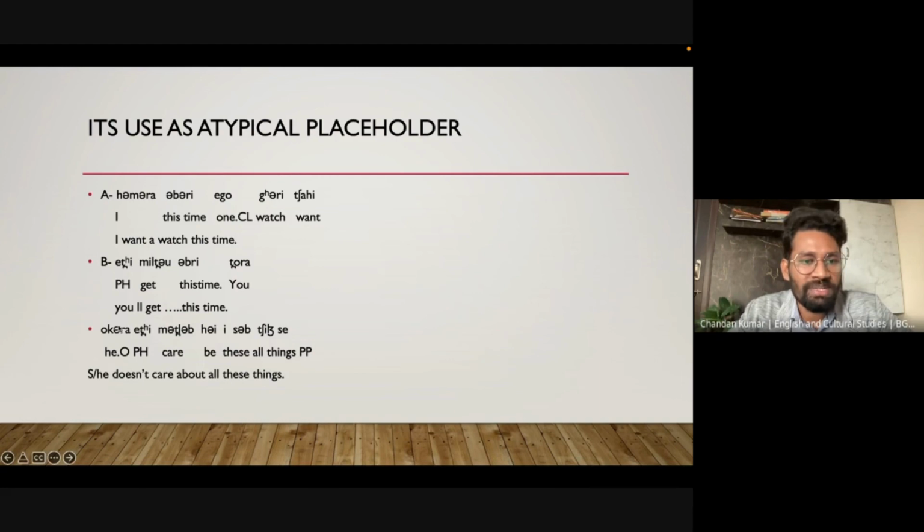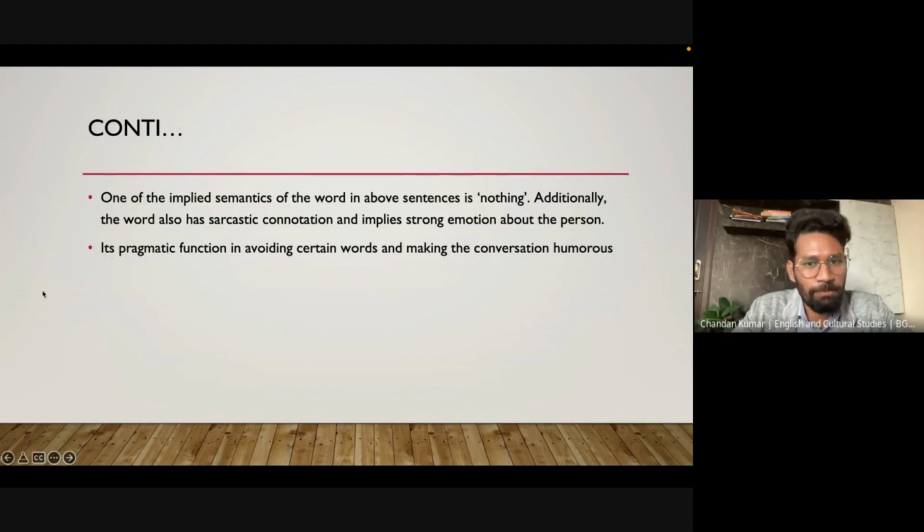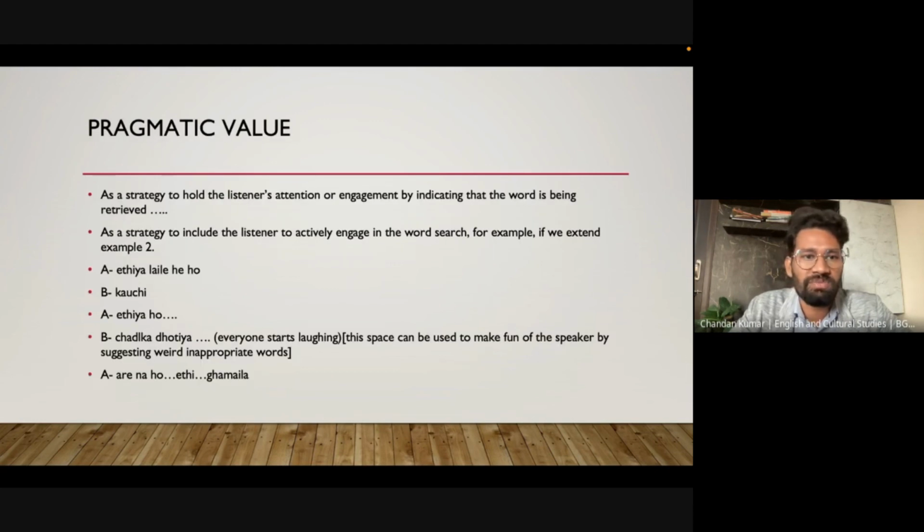One more example is "okra ethi matlab hai sab cheez se". He does not care about all these things, in a very sarcastic or very disappointed manner. So that is another semantics I have noticed of this word ethi. One of the implied semantics of the word in the above sentence is nothing, as I said, but additionally there is a lot of connotation and emotion associated with it.